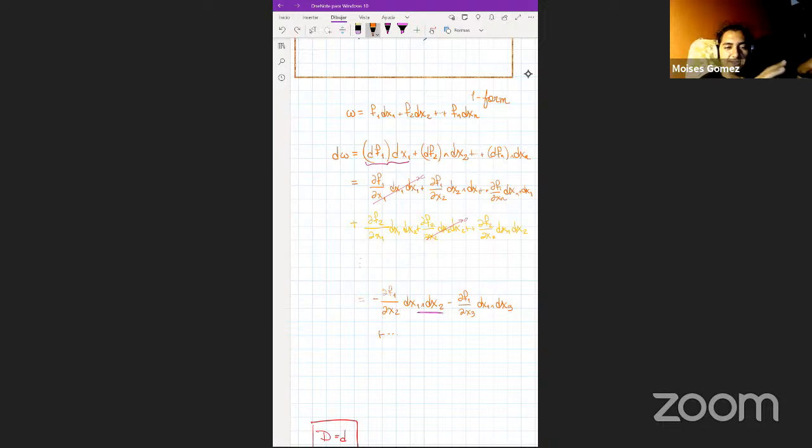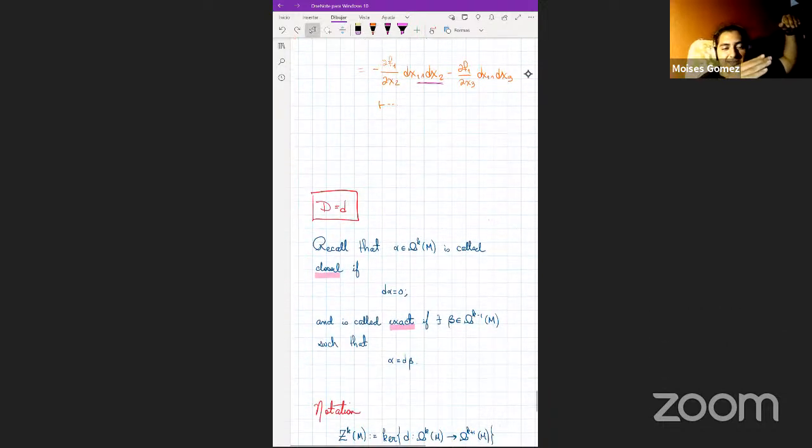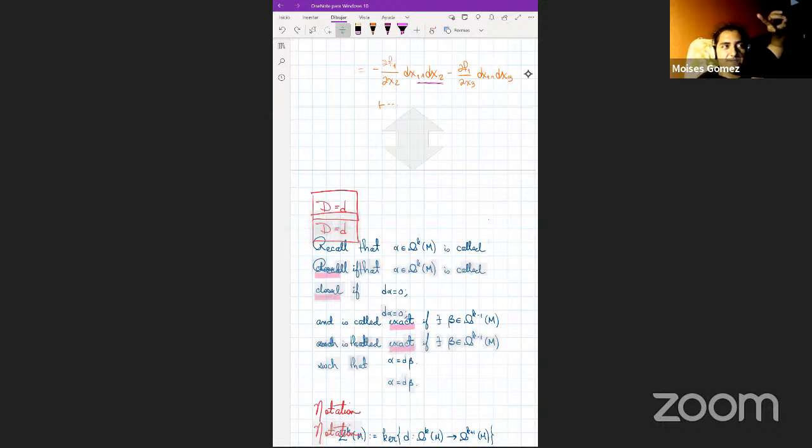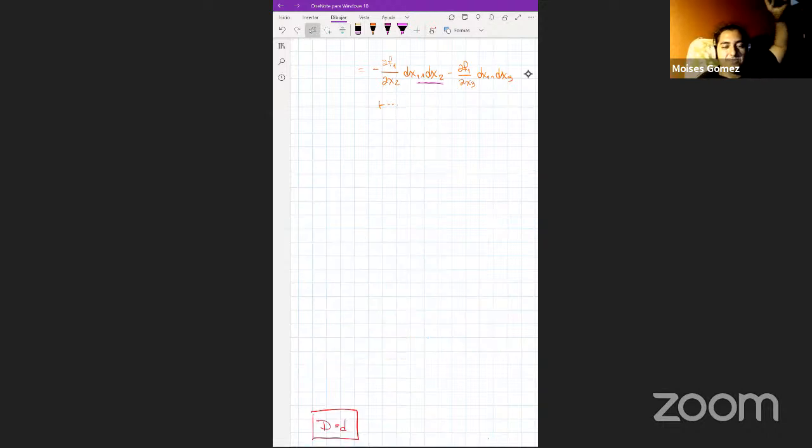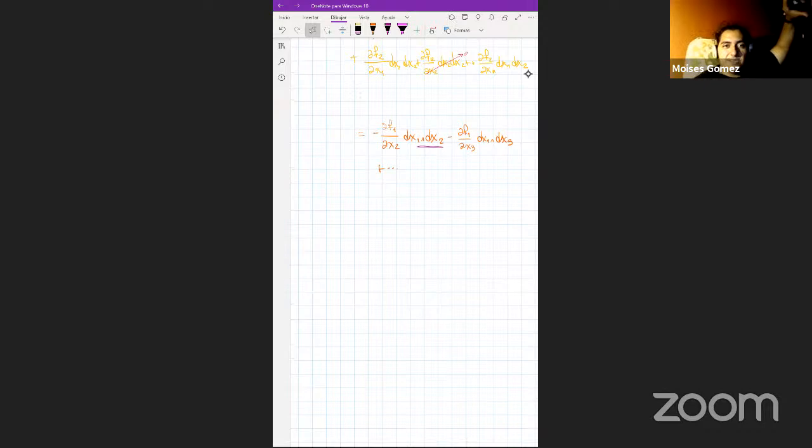I was wondering if the associated matrix is an antisymmetric matrix because we have that all the diagonal is 0, and we have alternating, for example, f2, dx1, dx2, and in here we have the partial of f2, dx2, dx1.